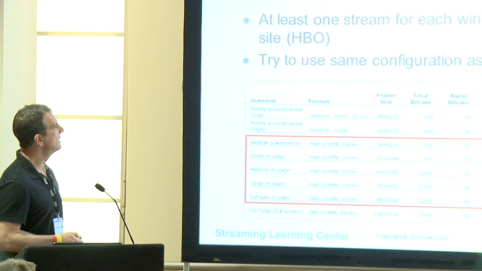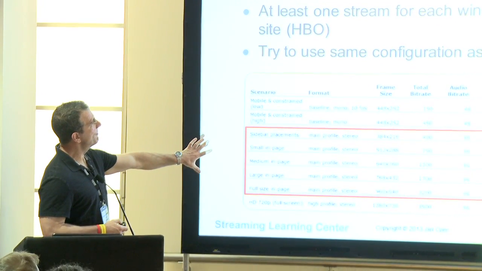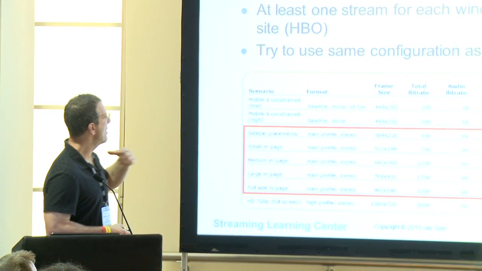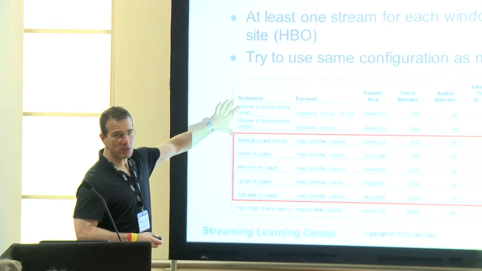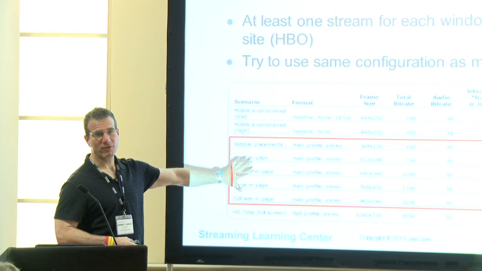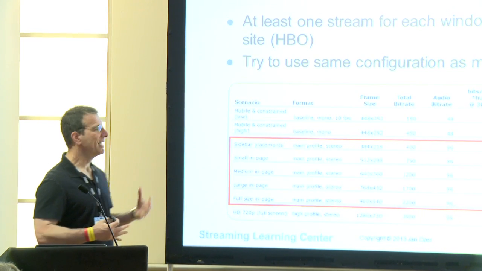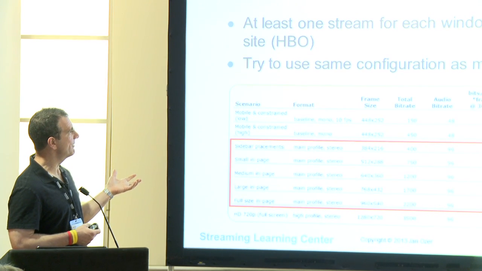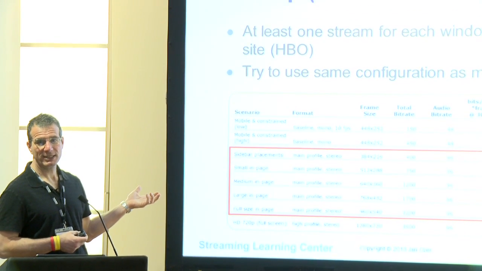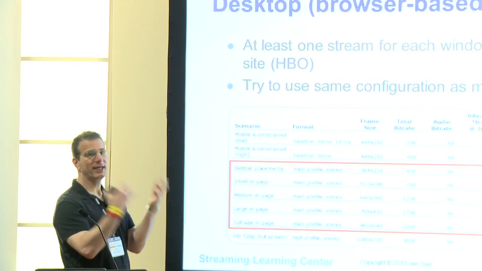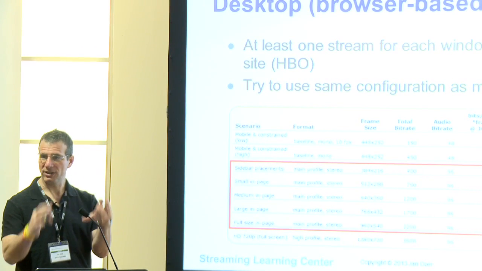That's your mobile. And this is a slide from MTV, not HBO, excuse me. Once you decide on your mobile platforms, I would focus on my web platforms, what people view in a browser. And my main concern there is that I have at least one stream for each window size, right? So if I've got a 640 by 360 window in my website, I want a 640 by 360 encoded stream.